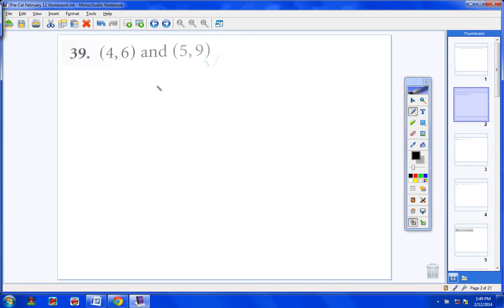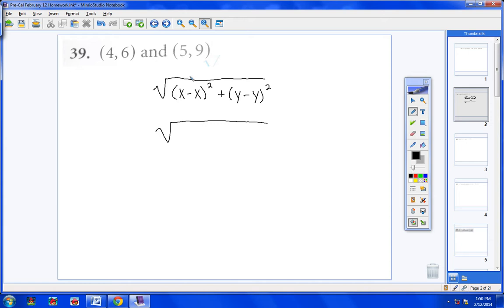Okay, the distance formula would be this right here. And of course we should know by now it's x minus x quantity squared plus y minus y quantity squared. So x minus x, 4 minus 5 would be a negative 1 squared. Y minus y would be 6 minus 9, negative 3 quantity squared.